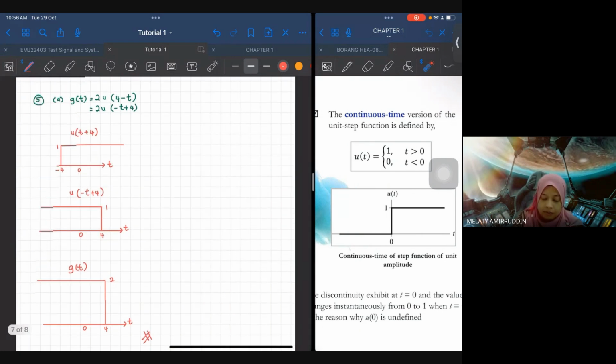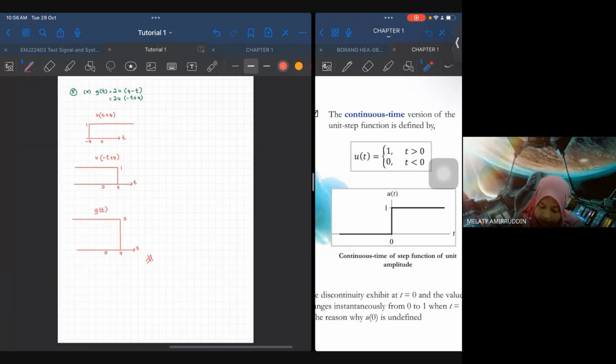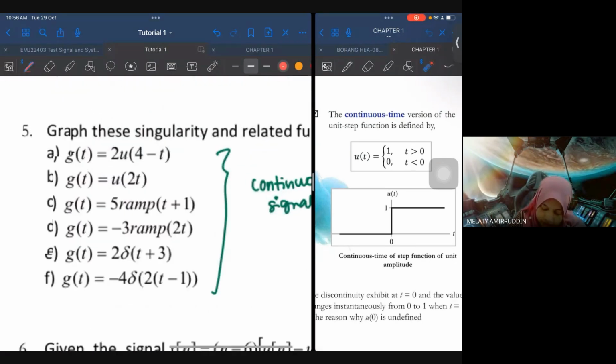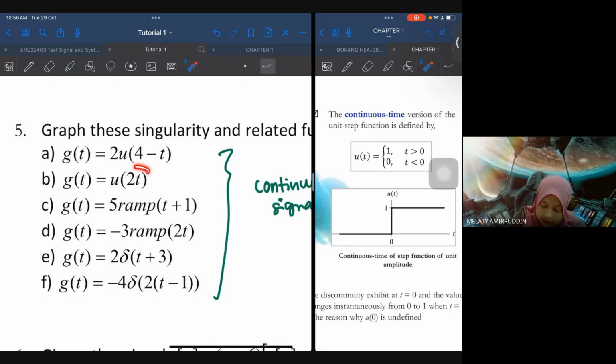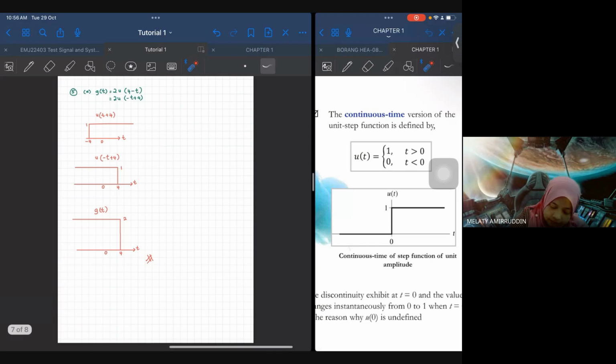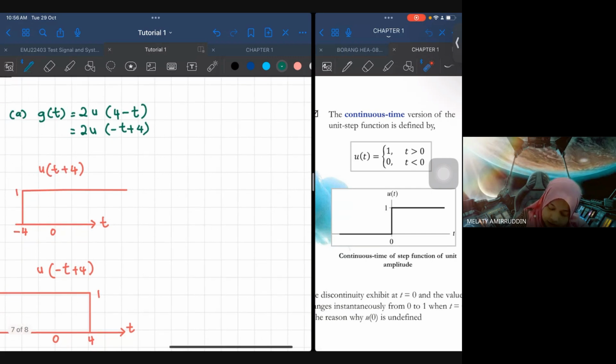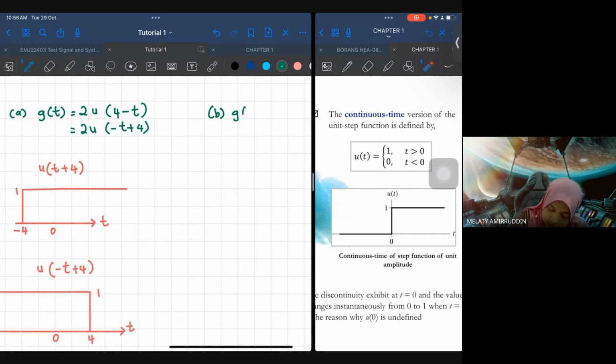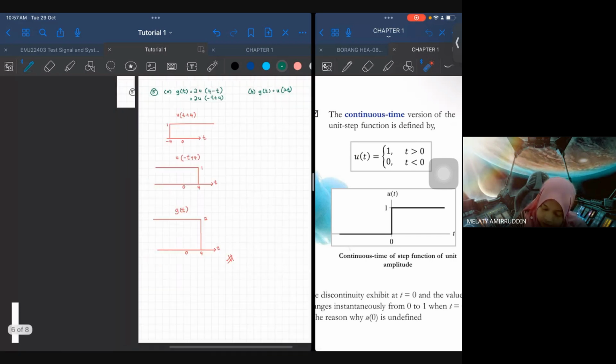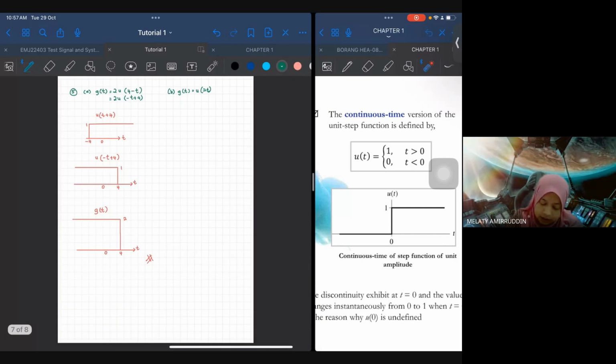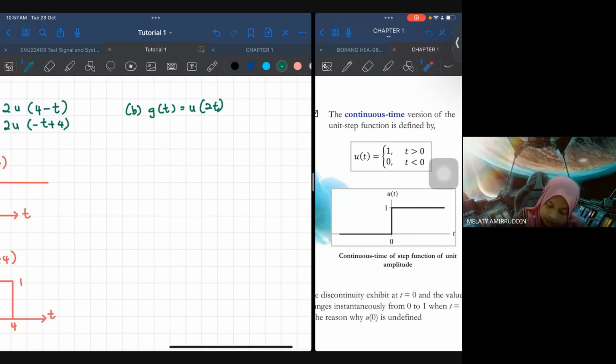And then we do question B. Very, very easy. Question B. Scaling only. G(T) equals U(T/2). Yes, it is scaling.